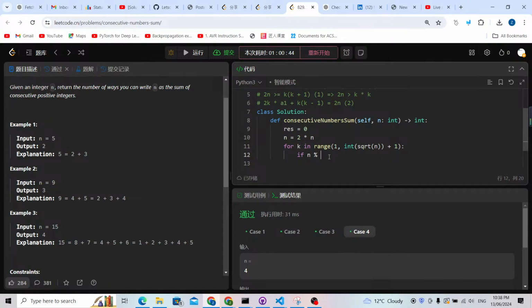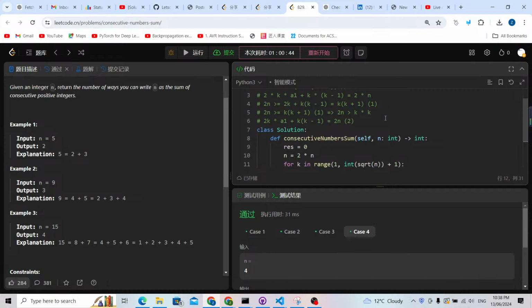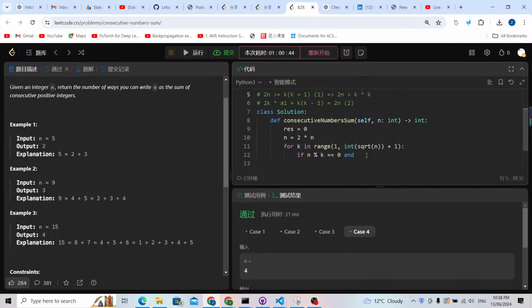Yeah, if n modular this k equal to 0, yeah, this means this number is divisible by this number k, and let me just check it.